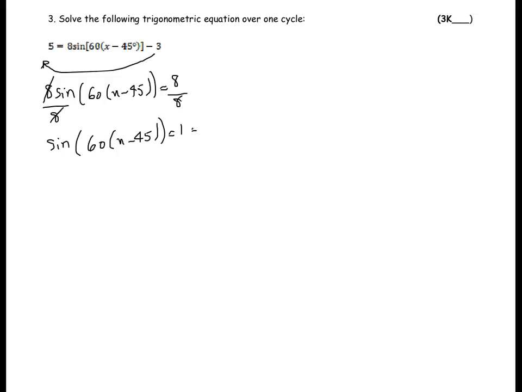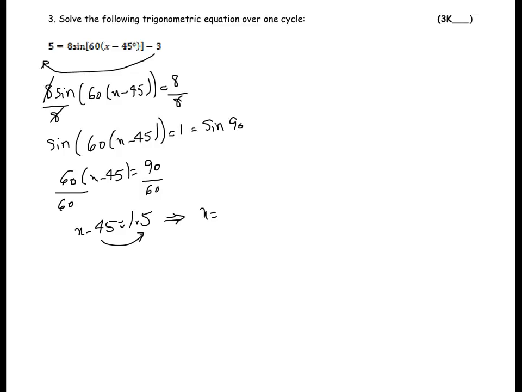We know that sine 90 is going to give us 1. So this means that 60 times x minus 45 has to be equal to 90. If we divide by 60 both sides, I get x minus 45 is 1.5. Moving -45 to the right, I get x is 45 plus 1.5, which is 46.5 degrees.